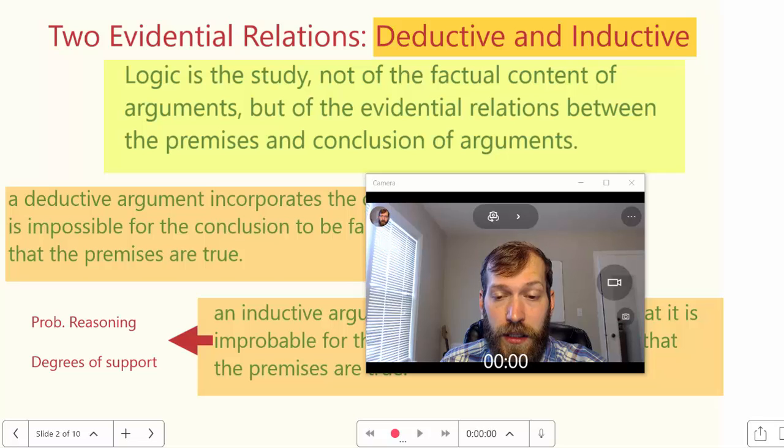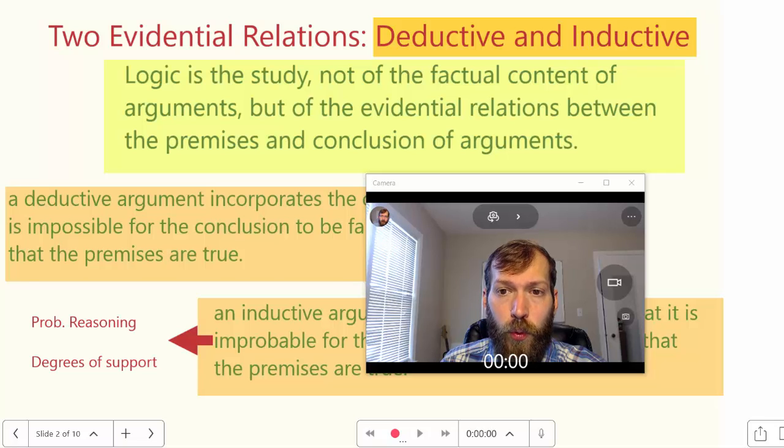So it's worth bearing in mind that logic is the study not of the factual content of the arguments. That is, insofar as we're logicians and we're studying logic, we're not really worried about whether the evidence is in fact true or false, or whether we're justified in believing the evidence, the premises, as being true or false.